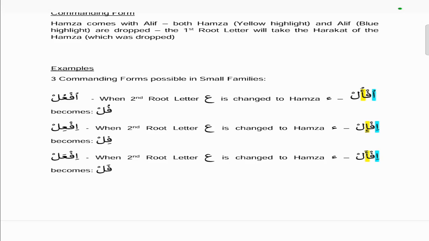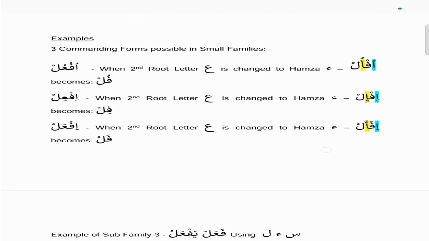So when the second root letter, the ain, is changed to a hamza, it becomes if'il. But what they do in Arabic is they drop the alif, which is blue highlighted, and they drop the hamza, which is yellow highlighted, and then the harakat on the hamza, which was dropped, which is a kasra, is transferred to the first root letter, the fa, so it becomes fil. So if'il, that commanding form, will become fil.